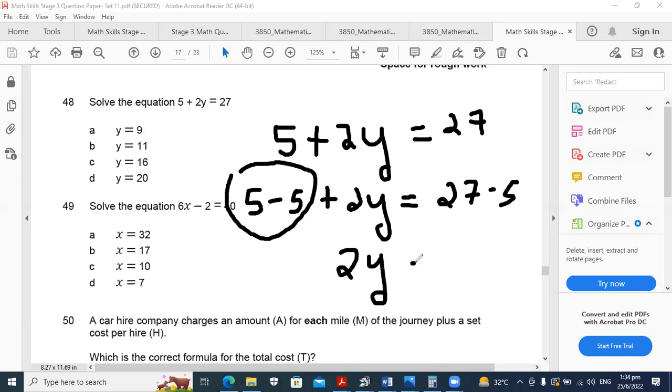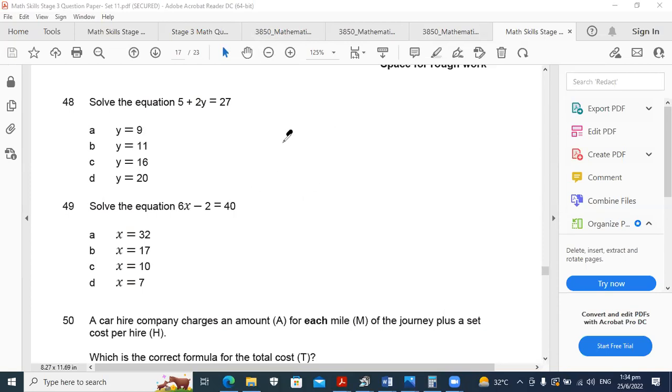So 2y is equal to 22. You divide everything by 2. So y is equal to 11. So this is the mathematical way of doing it. When you have a plus, you subtract to get rid of it. When you have a minus, you add. So for example, 49 now, we have 6x minus 2 equals 40.